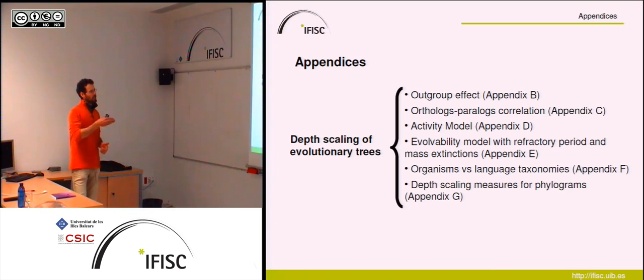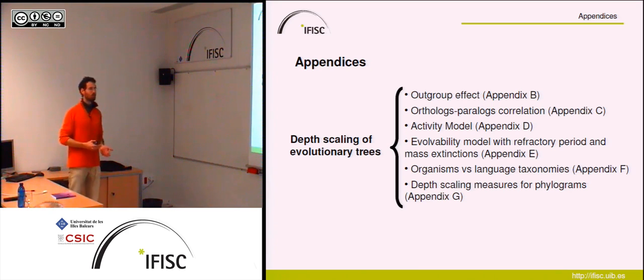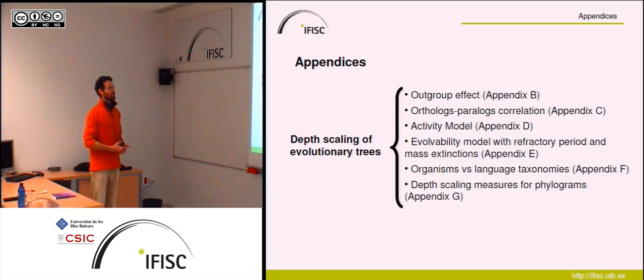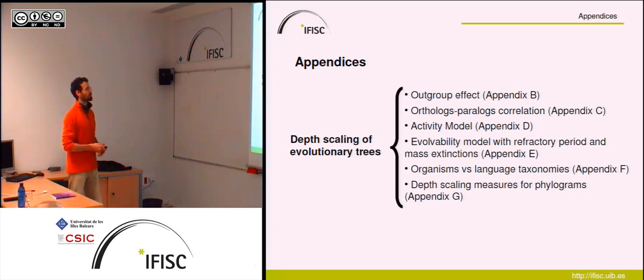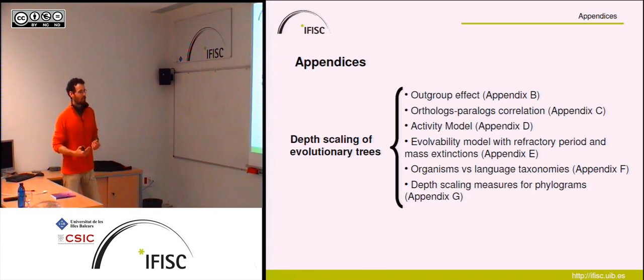But I included also in the thesis some appendices where I extend the results from the depth scaling analysis in different ways. So in Appendix B, I included the analysis of the effect of the outgroup on the branching patterns of organism phylogenetic trees. In Appendix C, we tried to characterize the contribution of speciation and gene duplication in the diversification of protein families.